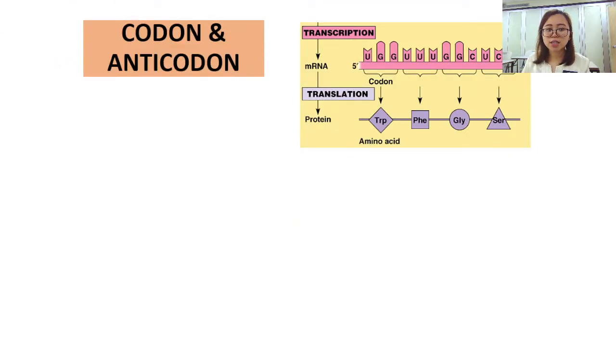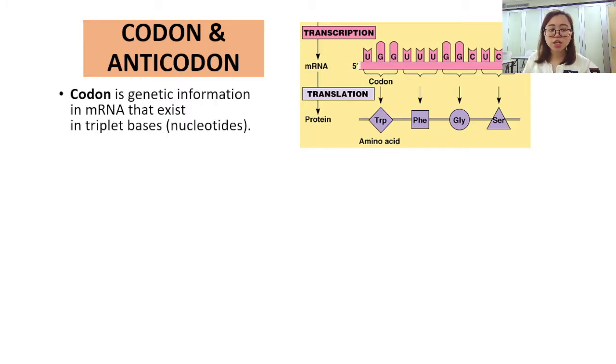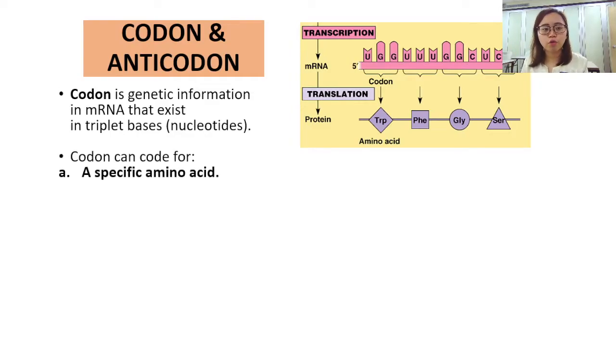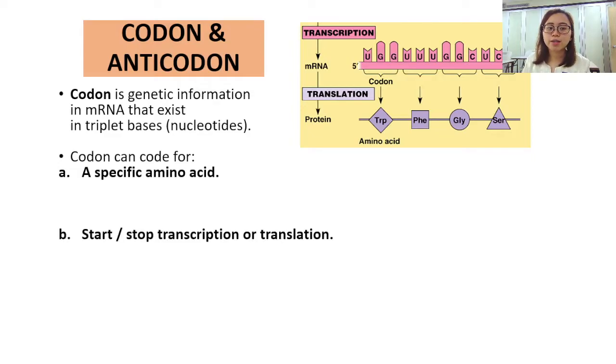So let's talk a little bit more about the genetic code by looking at the codon and anticodon. The codon is genetic information in mRNA that exists in triplet bases. So we're talking about 3 nucleotides at one time. A codon can code for a specific amino acid, or it can code for the start or stop of transcription or translation.